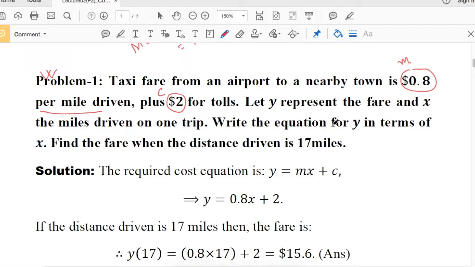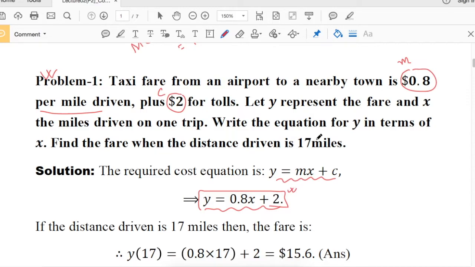So write down the equation for y in terms of x, and we know equation for y in terms of x is y equal to mx plus c. Therefore, for this problem, our equation for y in terms of x will be this: m equal to 0.8 and c equal to 2. Of course, for one trip.